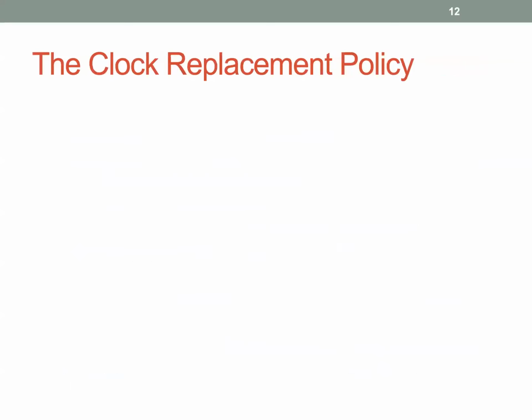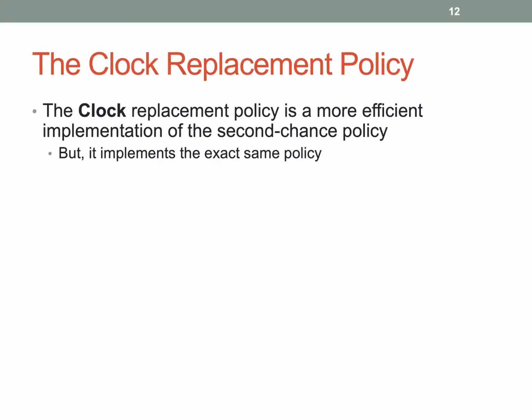Okay, let's see. Clock. Now, clock is the one that I believe is recommended by the Pintos assignment write-up. And clock is basically just the second chance policy, but with a cleaner and more efficient implementation.